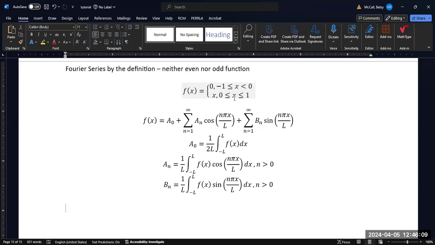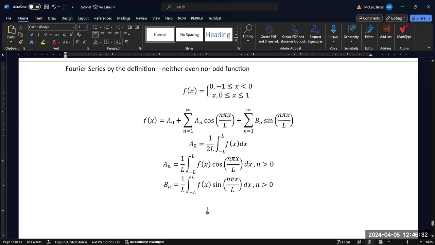And so we're actually going to need to integrate this, we'll need to actually get values for A0, AN, and BN. We'll need formulas for all of them because in order to create a solution which is not either even or odd, we are going to need combinations of even and odd terms.